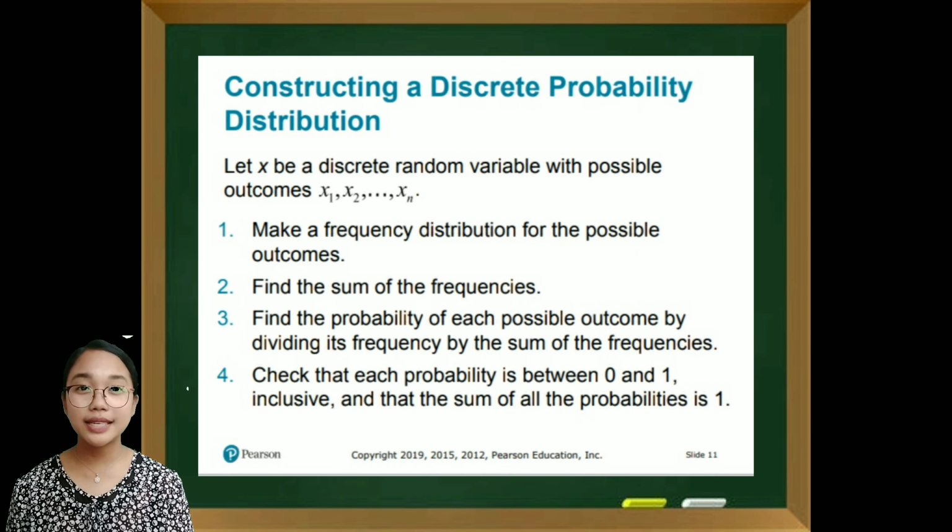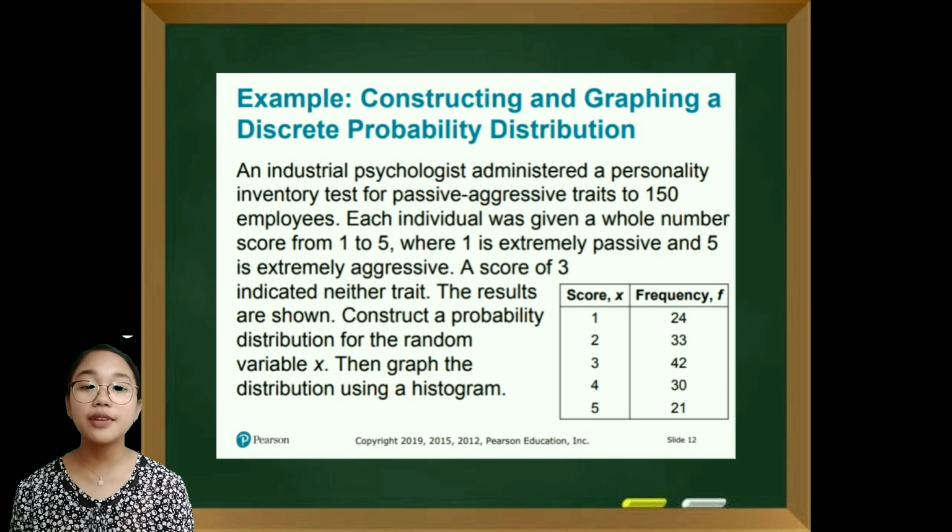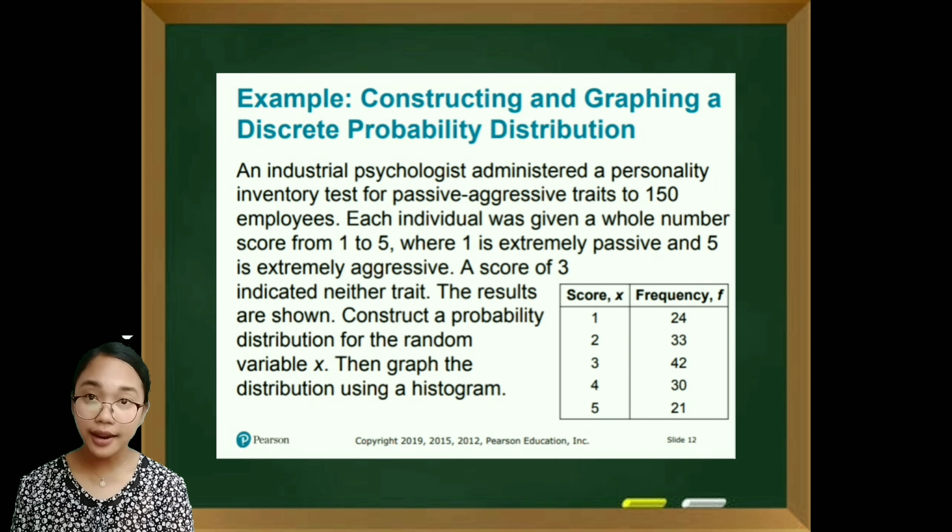An industrial psychologist administered a personality inventory test for passive-aggressive traits to 150 employees. Each individual was given a whole number score from 1 to 5, where 1 is extremely passive and 5 is extremely aggressive. A score of 3 indicates neither trait.